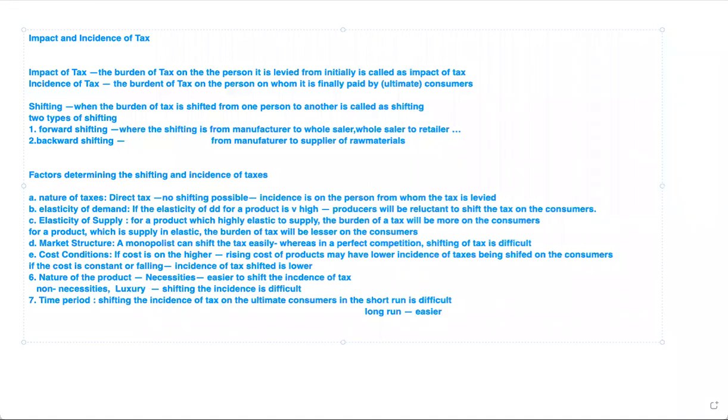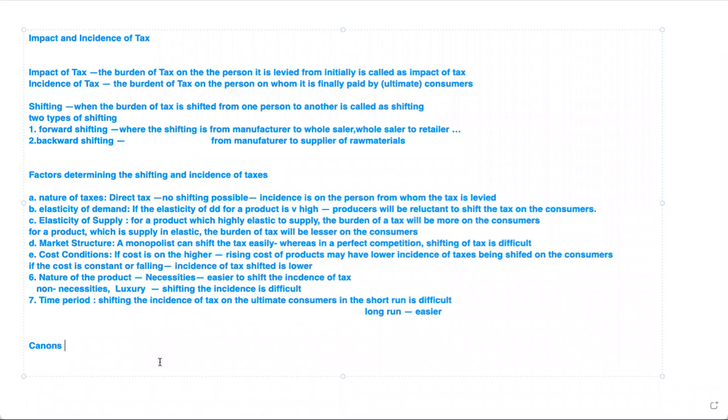So what did we see today? Meaning of impact and incidence, right? And then we spoke about how it is shifted. Forward shifting and backward shifting, and the factors that determine the shifting of incidence of taxes, right? Now I'll discuss canons of taxation.